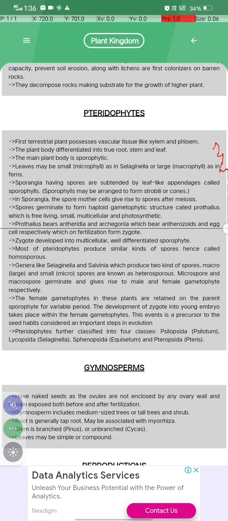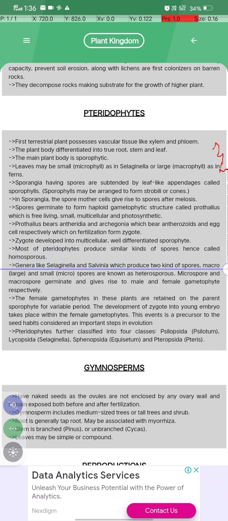The prothallus bears antheridia and archegonia, which bear antherozoids and egg cells respectively, and on fertilization form the zygote, and the zygote develops into the multicellular and well differentiated sporophyte. Most of the sporophytes produce similar kinds of spores, hence are called homosporous.